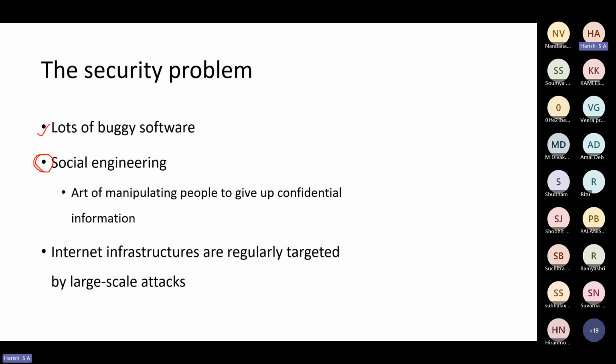Social engineering is when you use information that you know about someone, thereby making them believe in you and give you details or access to things that you're not supposed to get access to, like their passwords, their bank details, etc. Internet infrastructures are also regularly targeted by large scale attacks, like DDoS attacks.